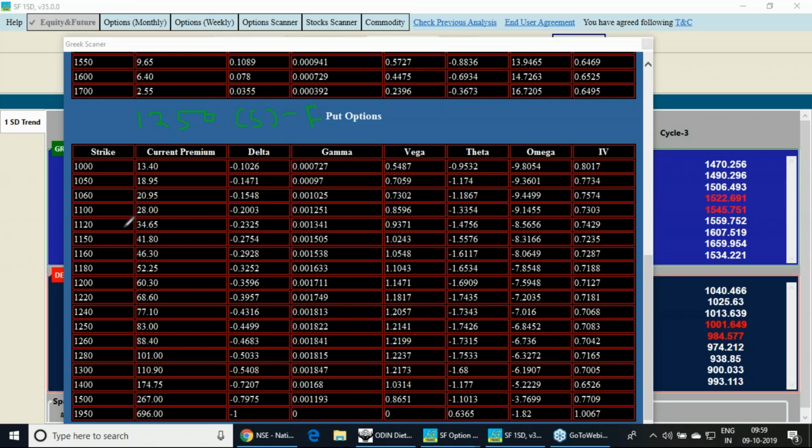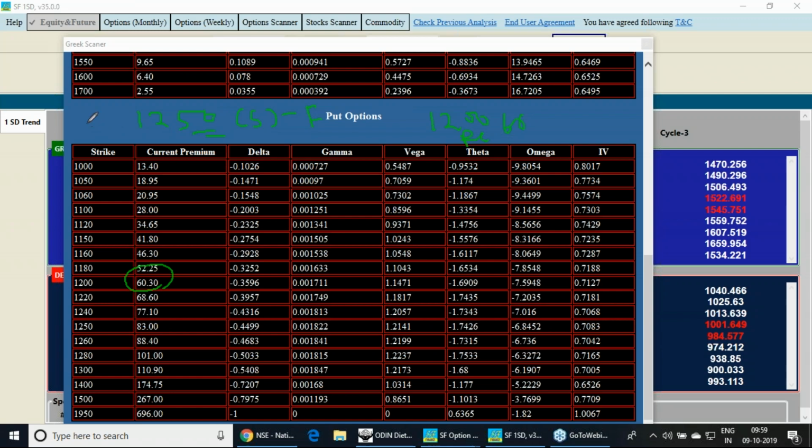At the nearest strike you can go for the 1200 put and sell it as well. We have to take care of this IV decay. You can sell the 1200 put for 60 rupees.